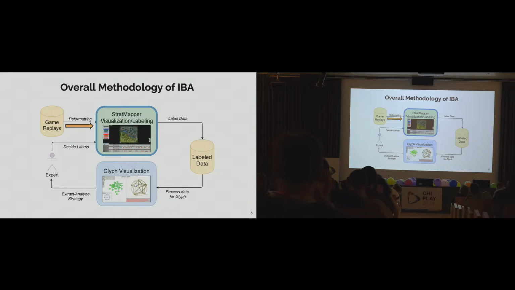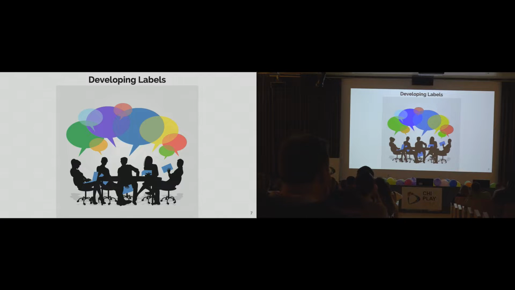StratMapper visualization is used to label strategic complex events using the labeling mechanism. These labels are decided by human experts. Now we come to the point of how the labels are decided. Developing labels is similar to developing codes for qualitative thematic analysis.